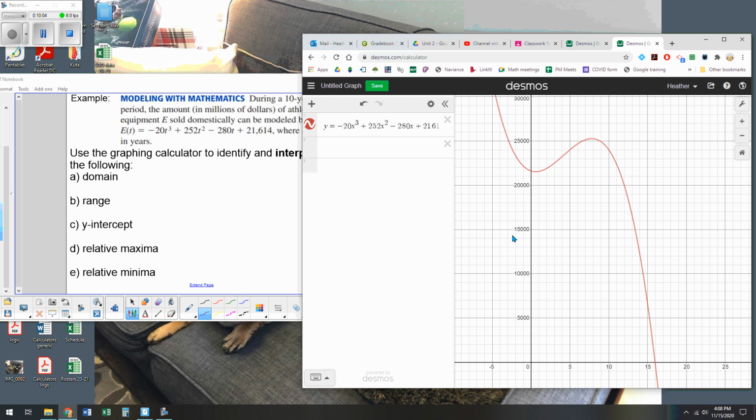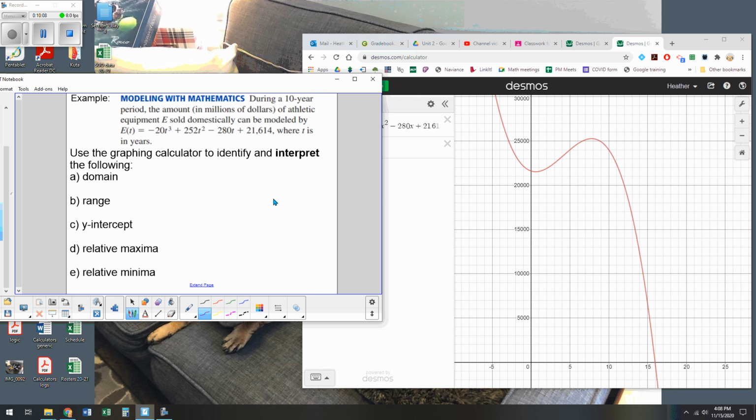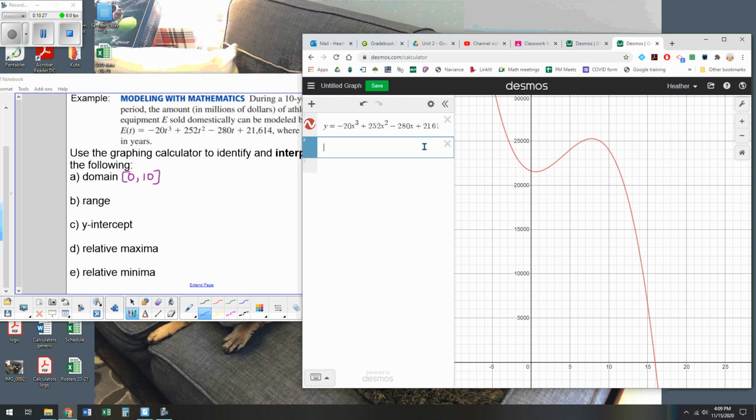So domain looks like it would be all real numbers, but think of what they said in the problem. During a 10-year period. So all we care about for the domain is from 0 to 10. And we'll interpret it afterwards. So what I'm going to do here is I'm going to add the fact that I'm only going up to x equals 10 so I could see what the y value was there.